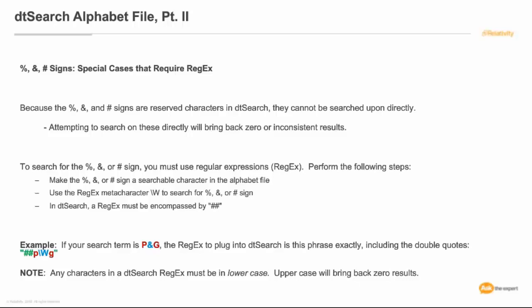To create your regular expression, every regular expression in dtSearch has to be encompassed by quotes, and it must have the double hashtag at the start of it. Here we have an example of that. If our search term is P and G, the regex that we're going to end up using in dtSearch is going to look like this. We've color-coded it with what's standard, what's the letters, and what's the symbol character.